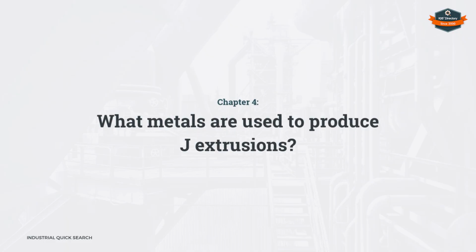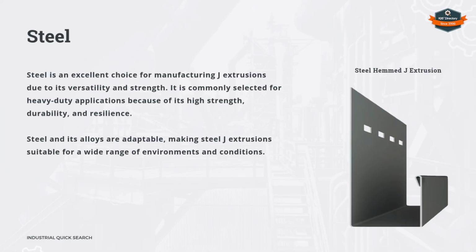Chapter 4. What metals are used to produce J extrusions? Steel.